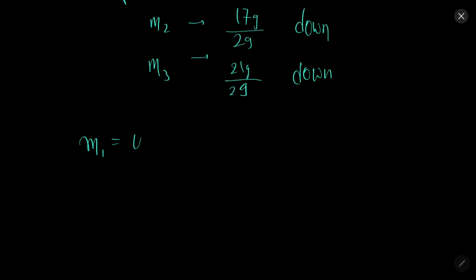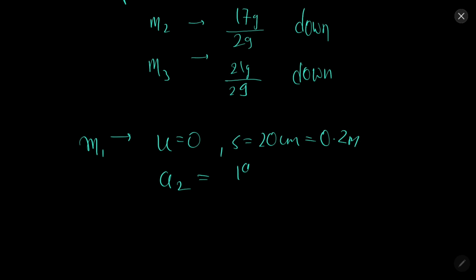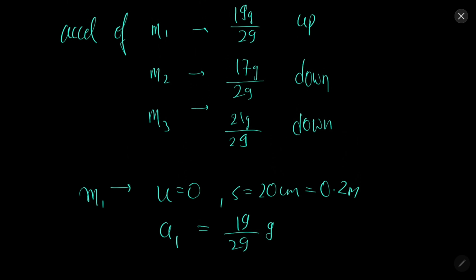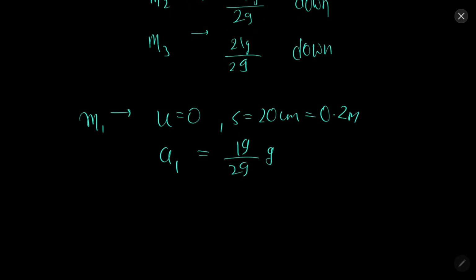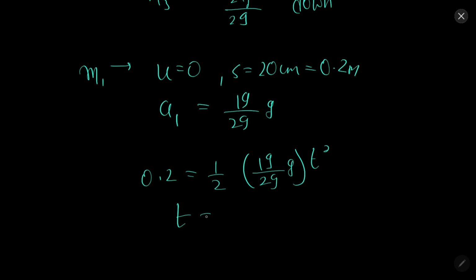So for m1, u equal to 0, s equal to 20 centimeter or 0.2 meter, a is 19 over 29 g. So s equals ut plus half at square, 0.2 equal to half times 19 over 29 g t square. So t will come out 0.25 seconds.